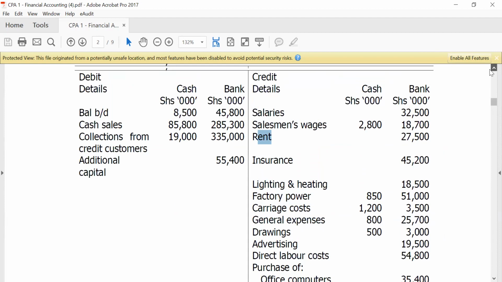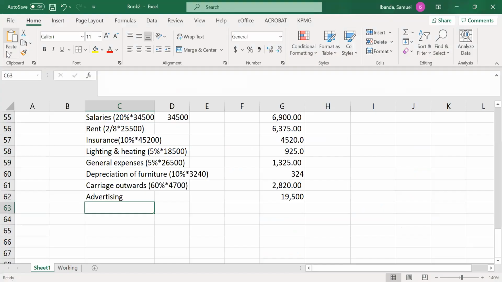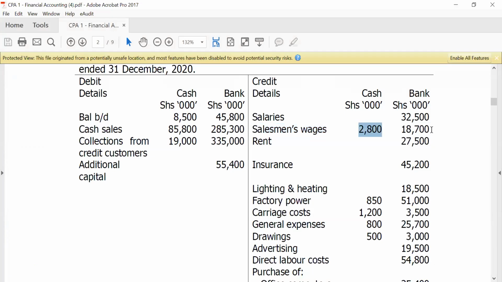What I've not taken into consideration is the salesman wages. At least salaries I took into consideration, but salesman wages relates to selling and distribution expenses. So I'm going to take the salesman wages here. And I'm going to add up the so-called values that I have here. I have 2,800 plus 18,700.